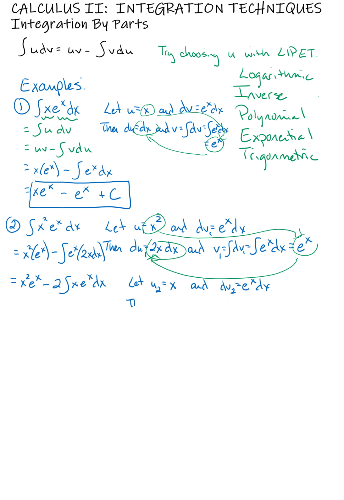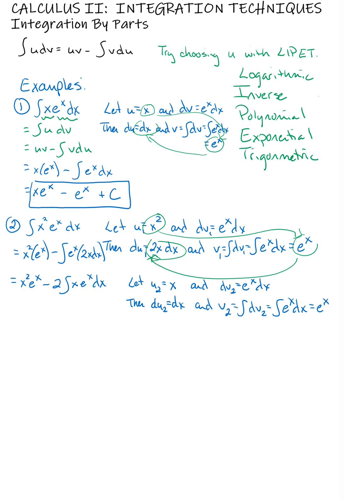And if that's the case, then du2 is simply dx. That was an easy one. And v2 would be the integral of dv2, which is the integral of e to the x dx, which we know is simply e to the x. These are great functions to work with. Again, I don't need that arbitrary constant at the end. I'll just collect all the arbitrary constants in the final answer and put them as a plus c.